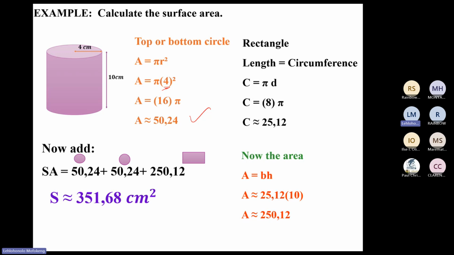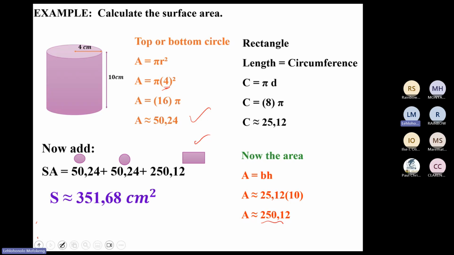And then we come to the rectangle. For the rectangle part, we have the circumference as 22,12. We multiply that circumference, and then ultimately we will get 250 for the rectangle. So as you can see, these are the calculations.